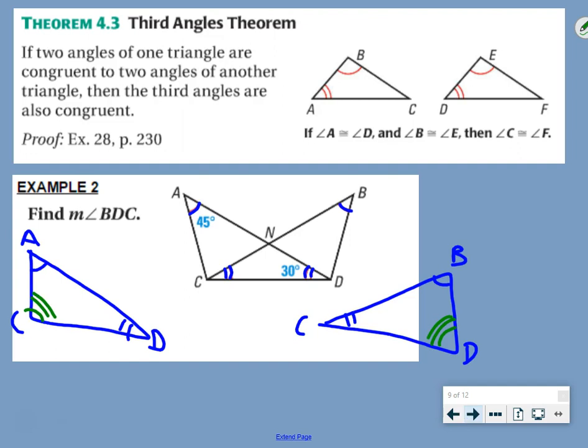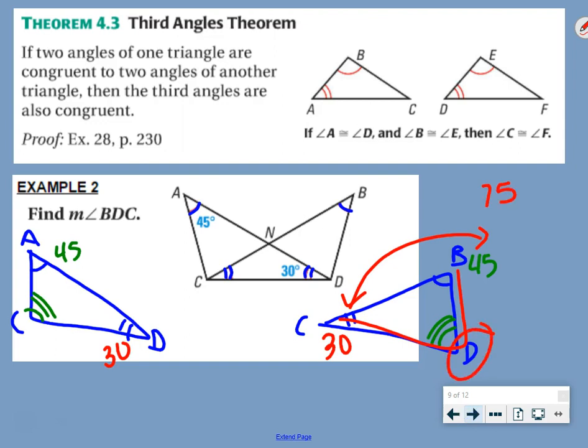So A is 45, which means B is 45. Angle D here is 30, which means this angle is also 30. So find the measure of angle BDC, this angle right here. These two sum to 75, so this angle right here needs to be big enough to make 75 plus that angle 180, which would make this 105 degrees.